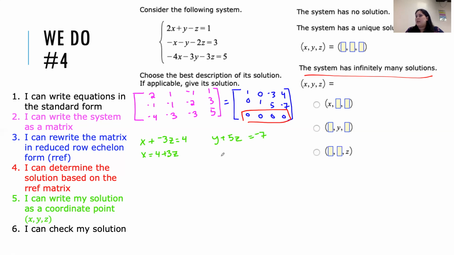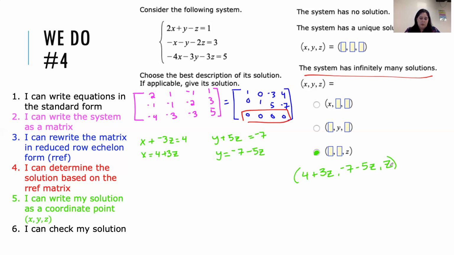So if I subtract 5z from both sides, we get y equals -7 minus 5z. Then we're just going to go ahead and write our coordinate point. It depends on z, so we write 4 plus 3z, comma, -7 minus 5z, comma, z. That was the last example.